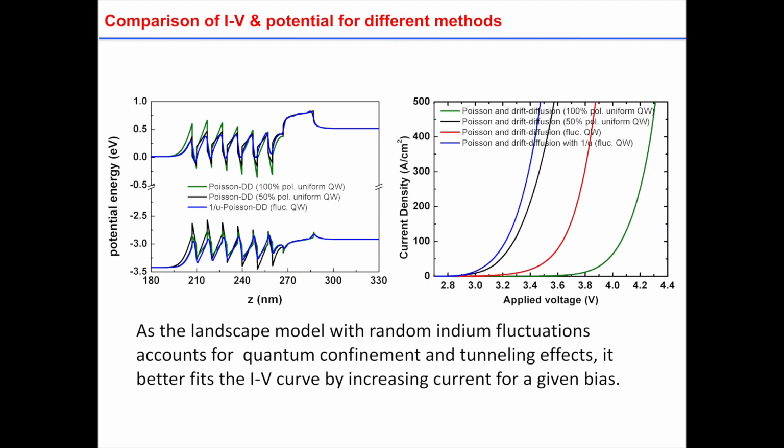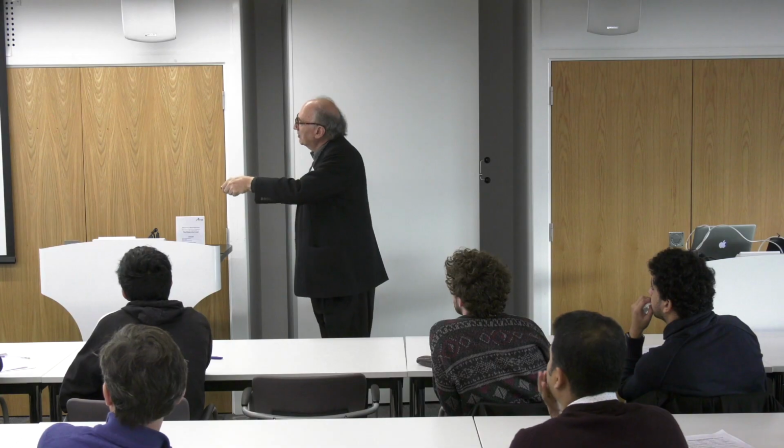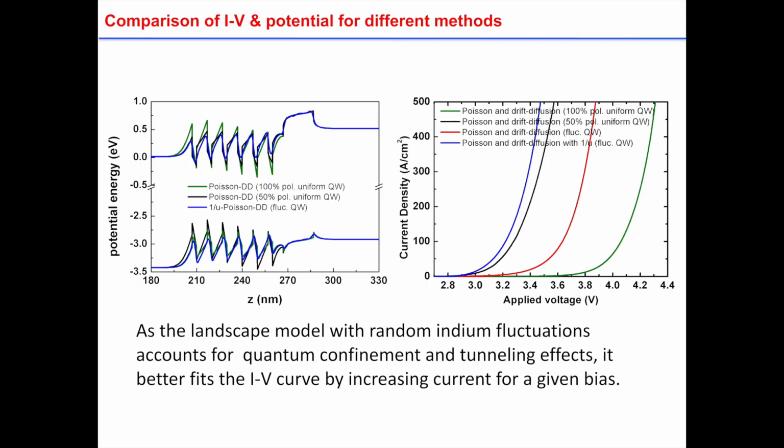You would have to apply 1 volt more to have transport, because just going over the different layers in your multi-layer stack gives you a 1 volt penalty, whereas as you find those percolation paths of minimum energy in your disordered system, you avoid that penalty. Of course, this 1 volt difference is extremely important for the efficiency of LEDs.